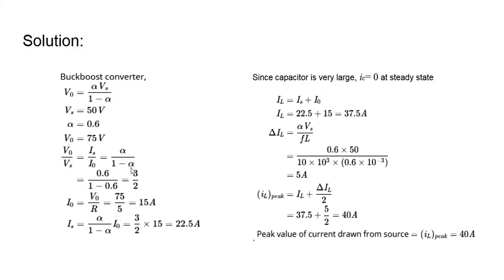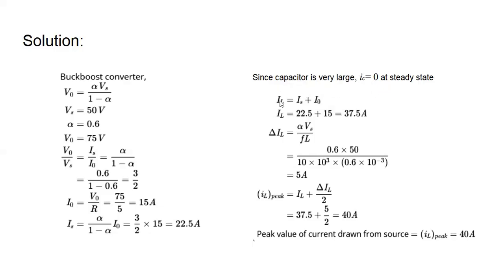By using the relation Is by I0 equal to alpha by 1 minus alpha, Is equals alpha by 1 minus alpha into I0, which is 3 by 2 into 15, equal to 22.5 ampere.